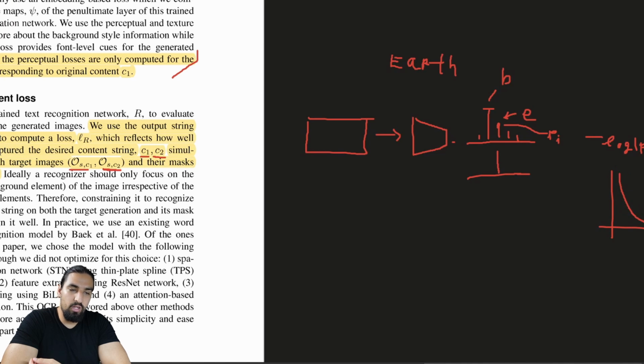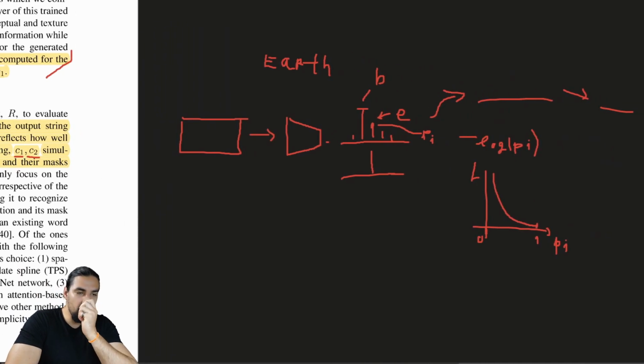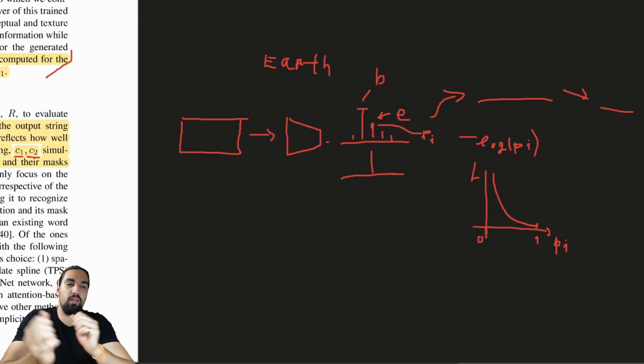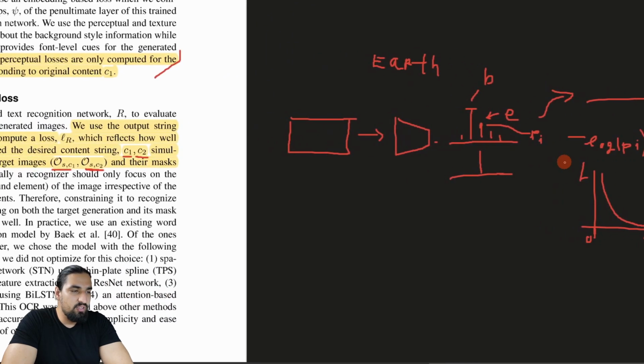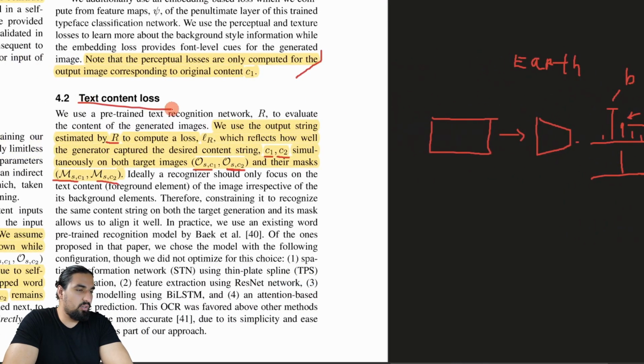This is 1 here, this is 0 here, this is the loss, and this is the output probability. And they just repeat that process. They feed this back in and start generating the next character and the next character, and basically they'll just be doing cross entropy, summing those, and using that to backprop and train the generator. So that's how the text content loss works.